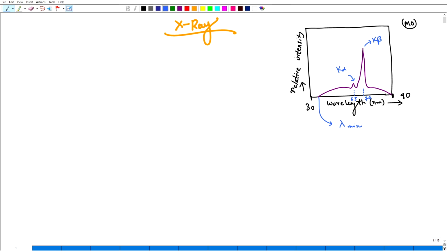Now we can see here there are two characteristic peaks, K alpha and K beta, and the other spectrum is totally continuous. So what was the reason behind this kind of spectrum? Let me write it.